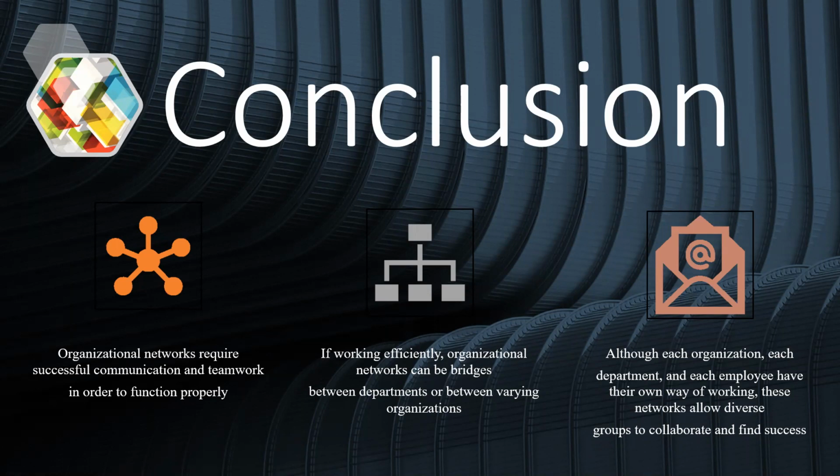Although each organization, each department, each employee brings their own experiences and has their own way of working, these networks allow a diverse group of individuals to collaborate and find success for their organization.